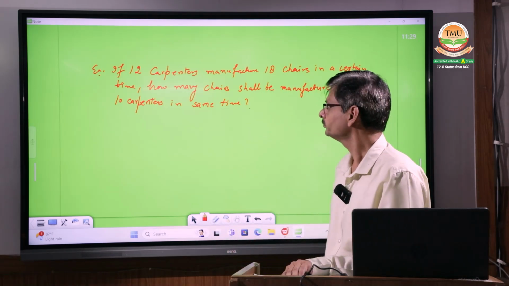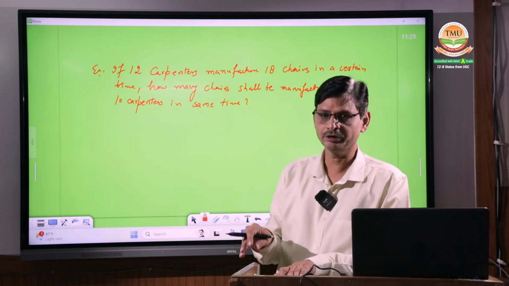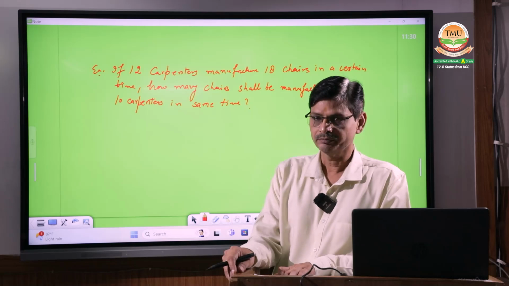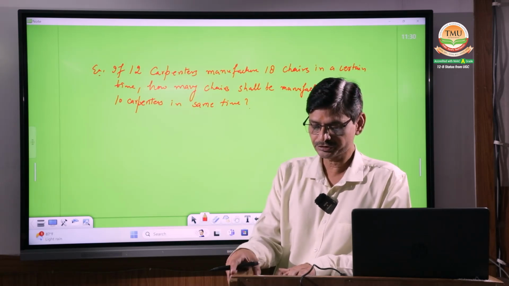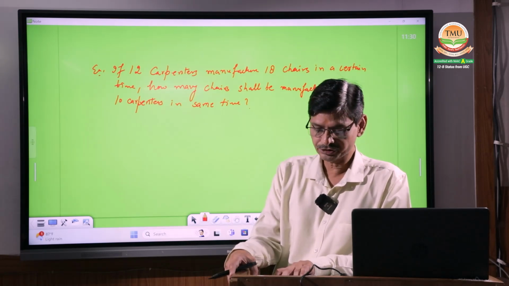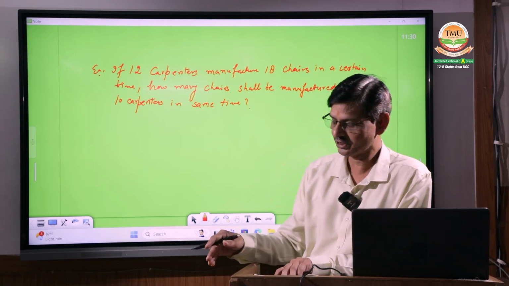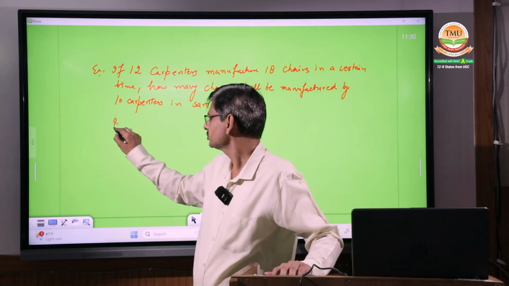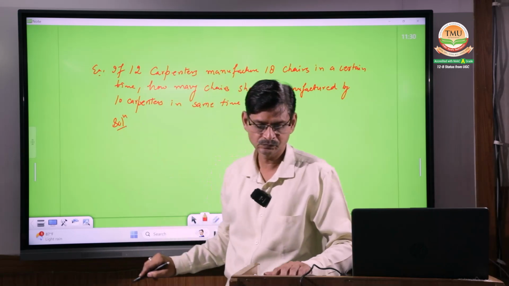This is the question. If 12 carpenters manufacture 18 chairs in a certain time, how many chairs shall be manufactured by 10 carpenters in the same time? This problem can be solved like this.